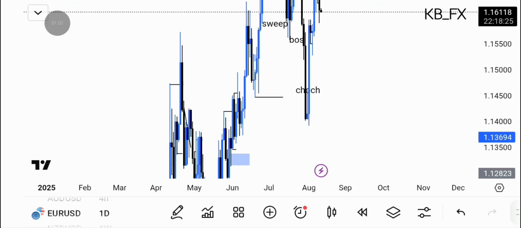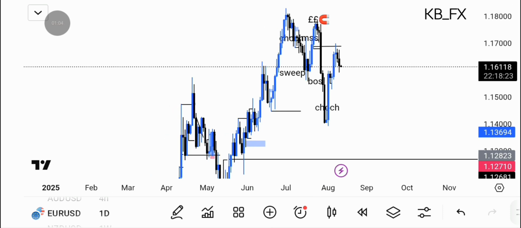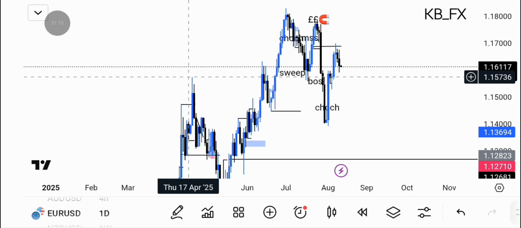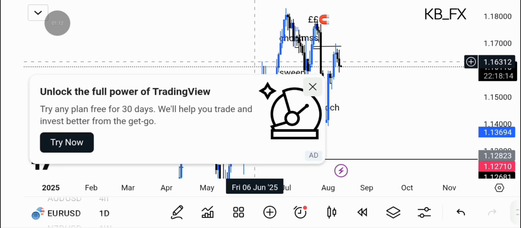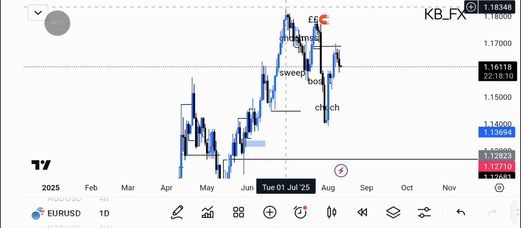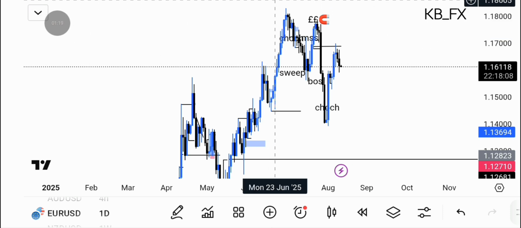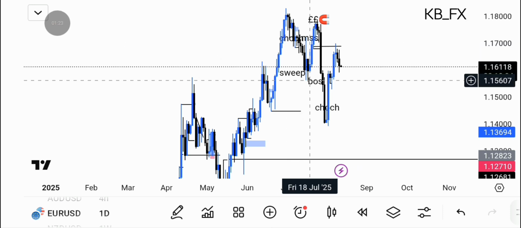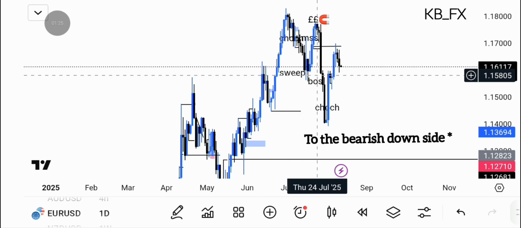So I started from the daily time frame, the D1. As you can see on EURUSD, the market has been clearly bullish. It broke one structure here, broke another one here, and another one here. Then this is the high that the market failed to break before the market changed character to the bearish downside here.